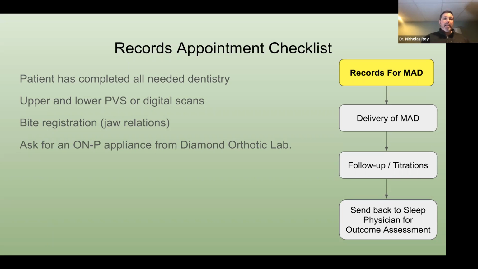The ONP is a mandibular advancement device, but it was developed by Dr. Stephen Olmos, and the O stands for his name Olmos, N for nighttime, and P for positioner. So his appliance is the ONP. He also has a daytime appliance, which is the ODP, which is essentially a TMD appliance worn during the day for patients that have severe TMD.